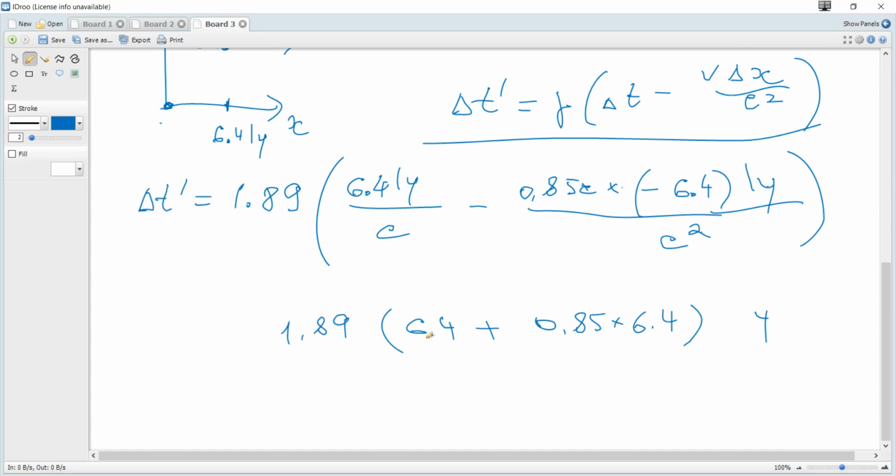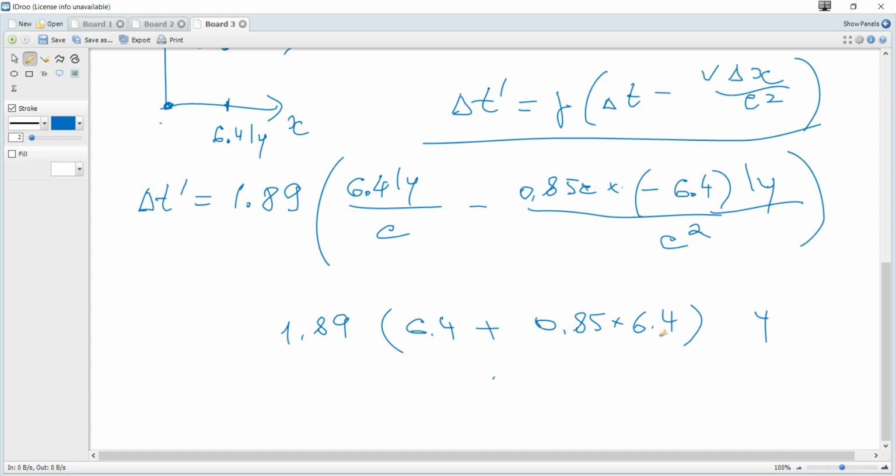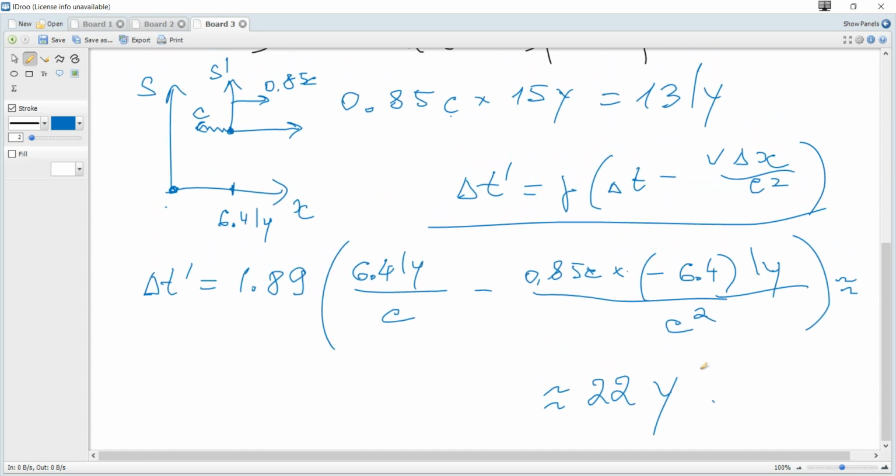You can factor out 6.4, so finally it becomes 1.85 times 6.4 times 1.89, so it's approximately 22 years to two significant figures. And that's all for this question.